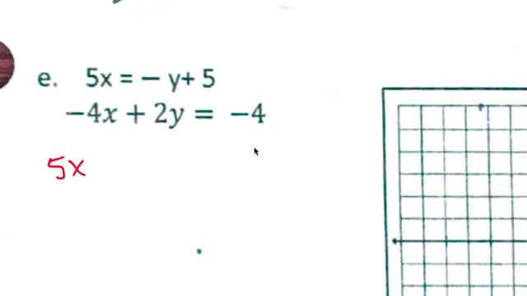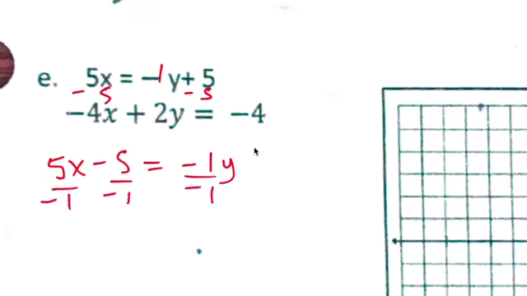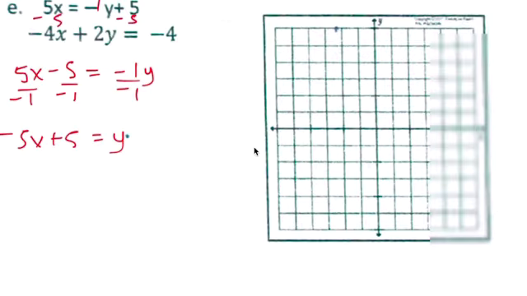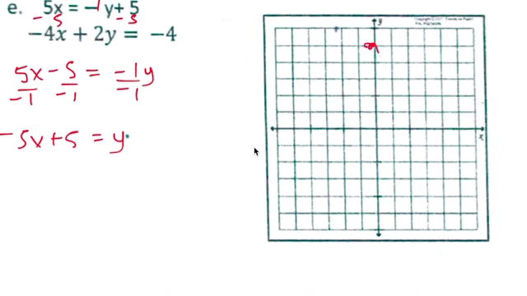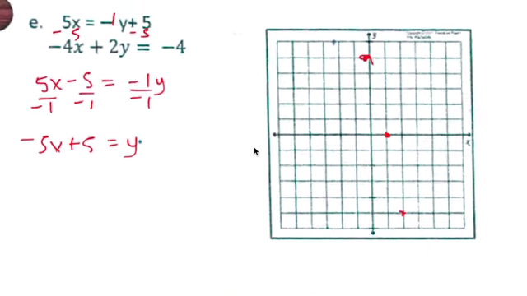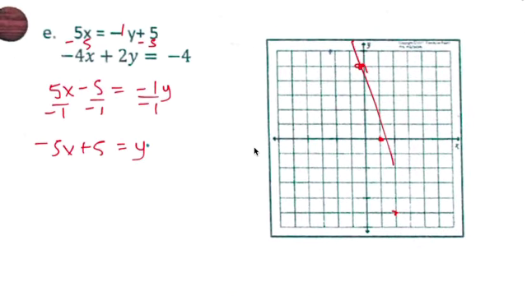5x minus 5 to both sides, minus 5 equals negative 1y. So divide by negative 1. Negative 5x plus 5 equals y. Graphing that at 5, go down 5 over 1. Okay?